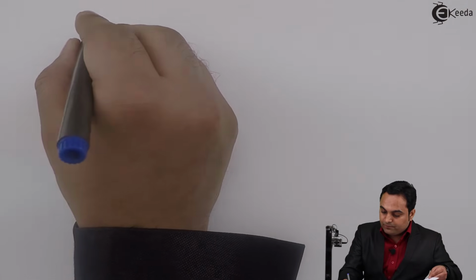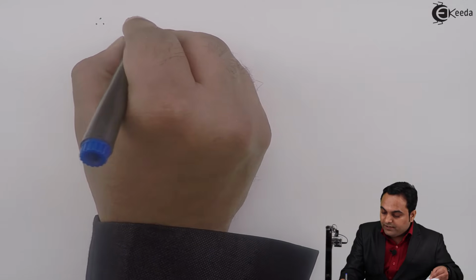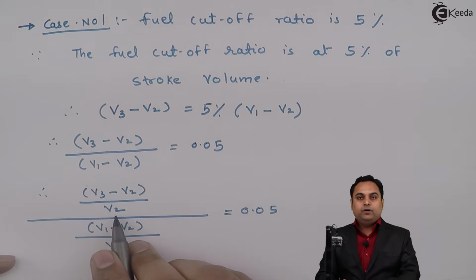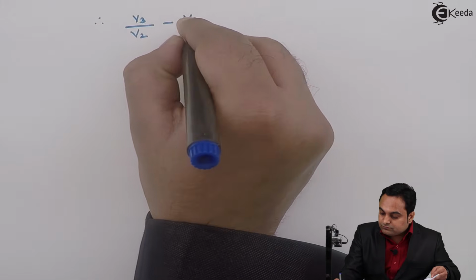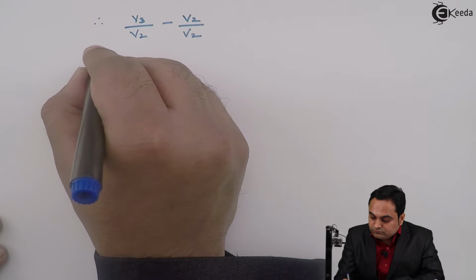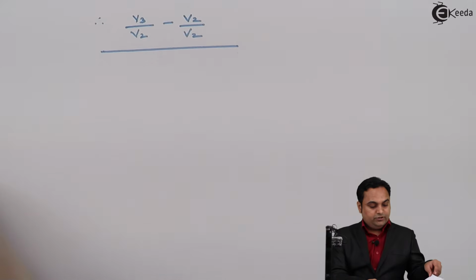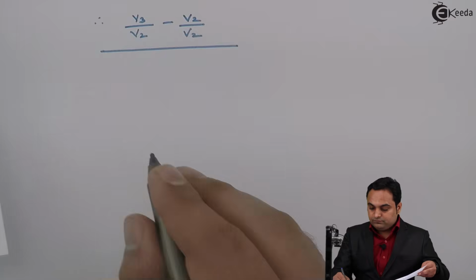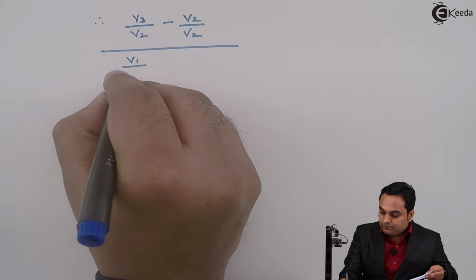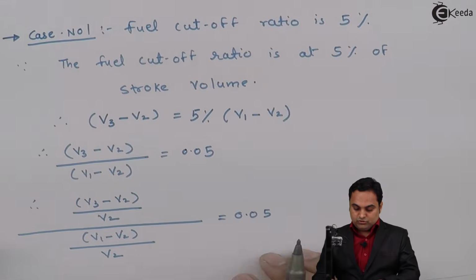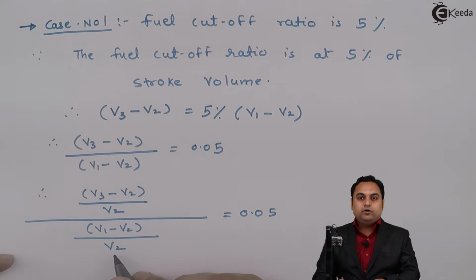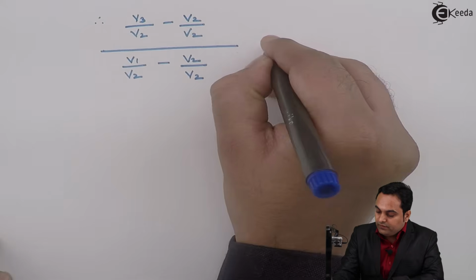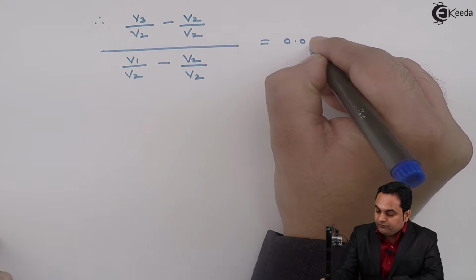So therefore V3 by V2 minus V2 upon V2, next in the denominator we have V1 by V2 minus V2 upon V2, is equal to 0.05.